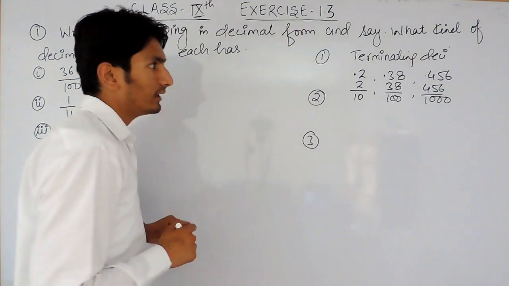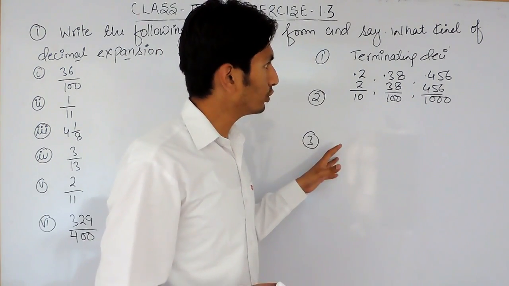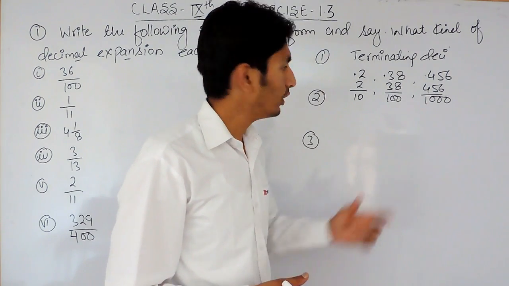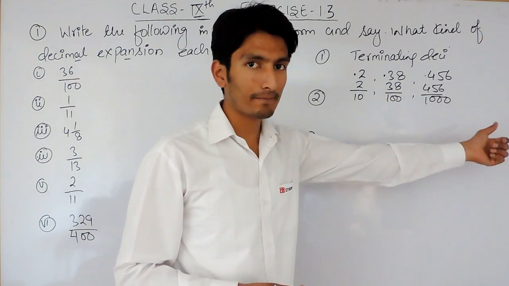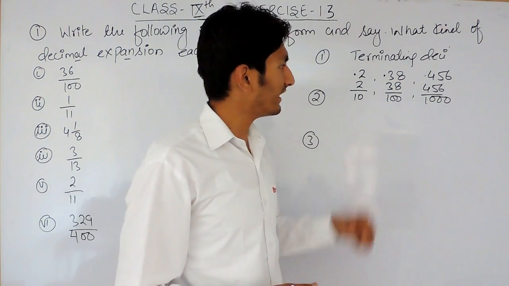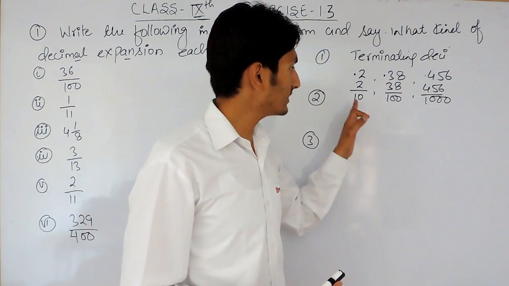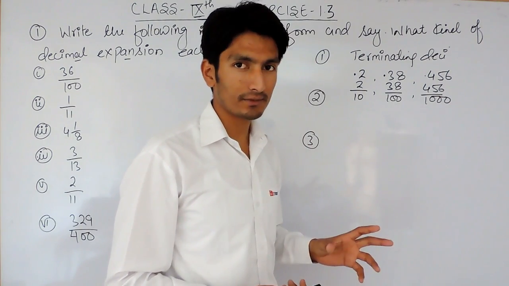So obviously if you want to terminate something, you have to divide that number by 10 or 100 or 1000, or you can say a power of 10. If something is divided by 10, 100, 1000 or lakh, or a power of 10, that decimal terminates.